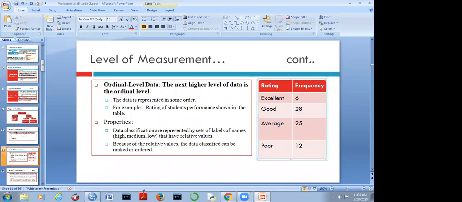Which variable is a nominal data type and which is ordinal data type? Quality is nominal. Yes, quality. How it is nominal?